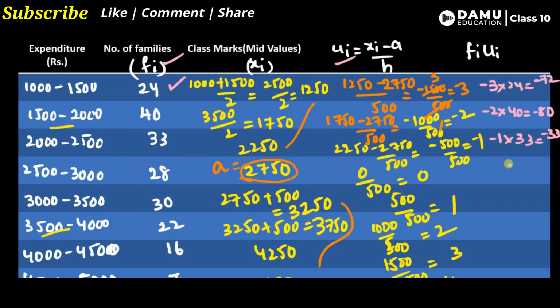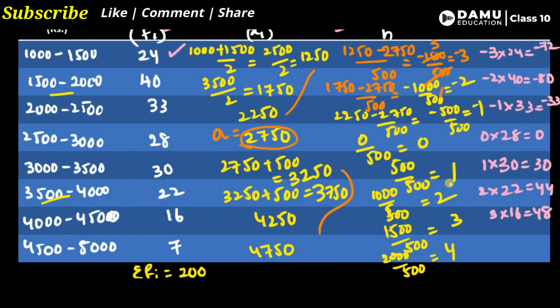Minus 3 into 24 gives minus 72. Minus 2 into 40 gives minus 80. Minus 1 into 33 gives minus 33. Then 0 into 28 is 0. Then 1 into 30 is 30. Then 2 into 22 is 44. Then 3 into 16 is 48. Then 4 into 7 is 28. So these are the values.